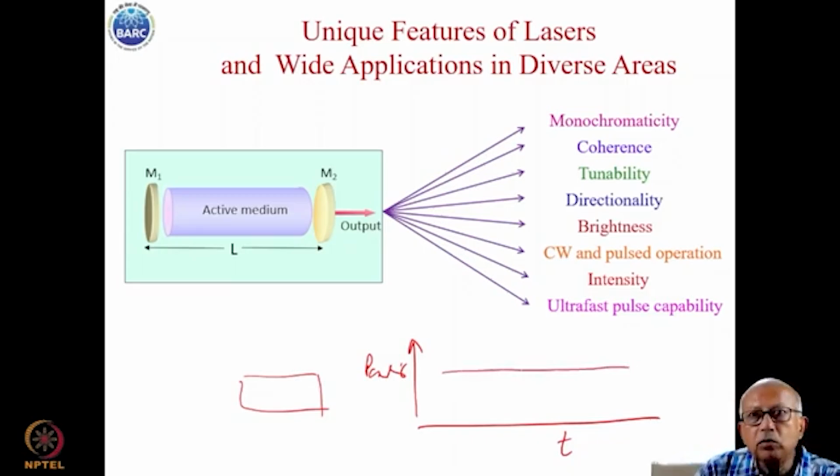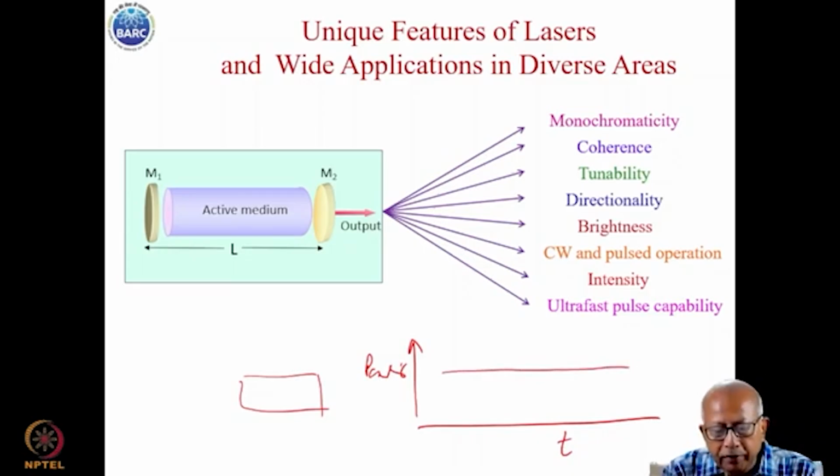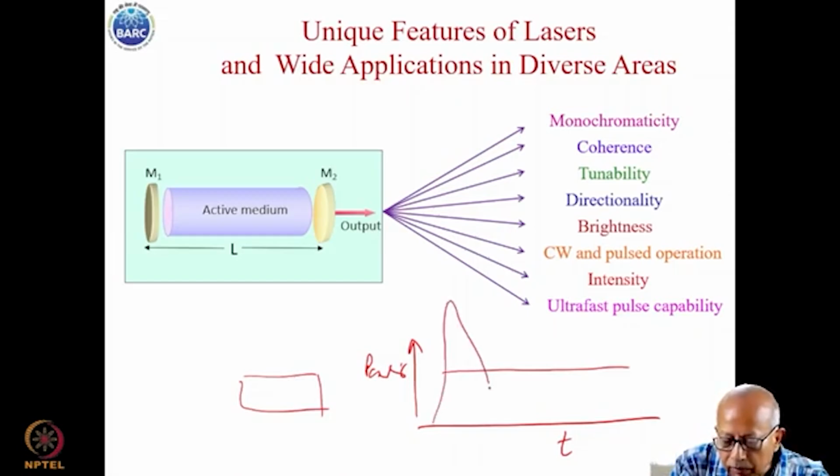A laser can also be operated in pulse mode, where the energy is dumped into the laser load within a small time, and therefore the laser would produce a pulse instead of a constant power output. In pulse operation, the peak power of the laser can be much higher than the CW power.